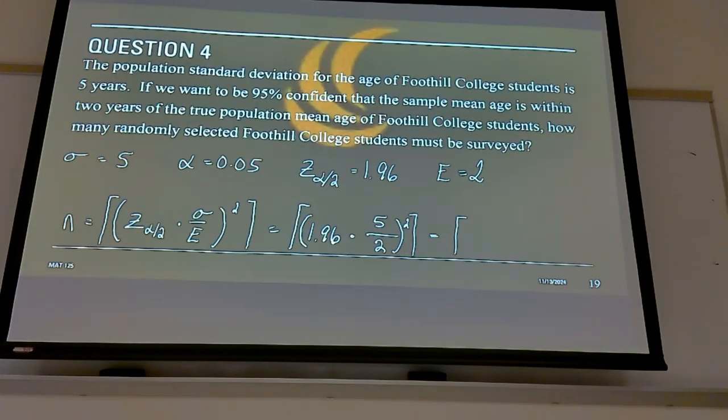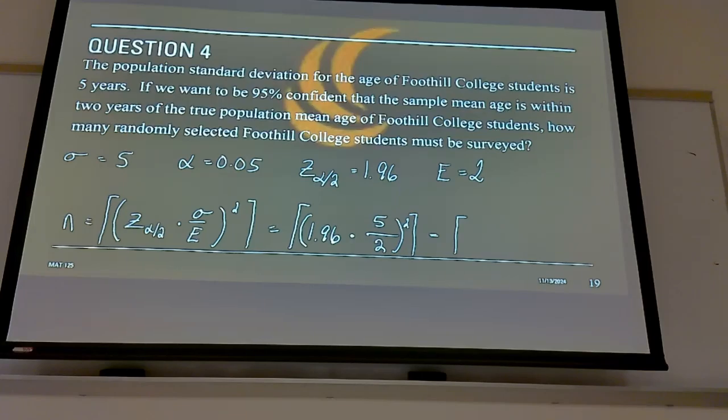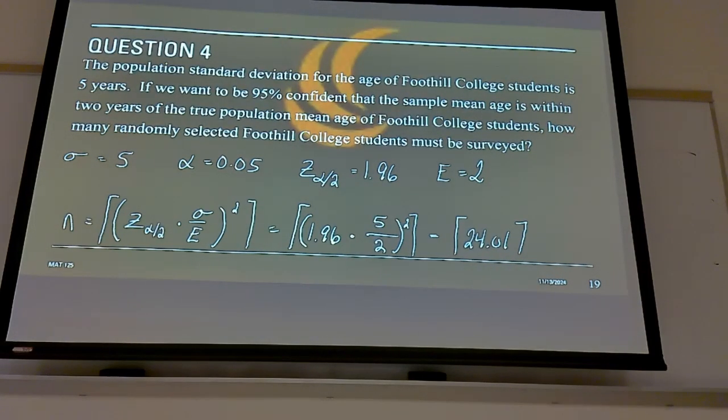So I got that to be 24.01 when you do 1.96 times 5 halves and then square it. So the ceiling of 24.01 is 25.